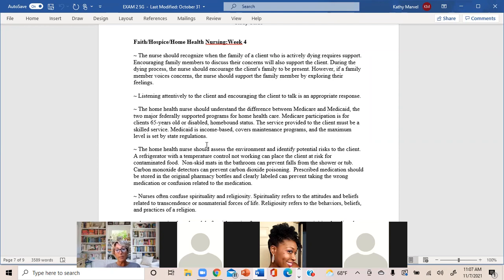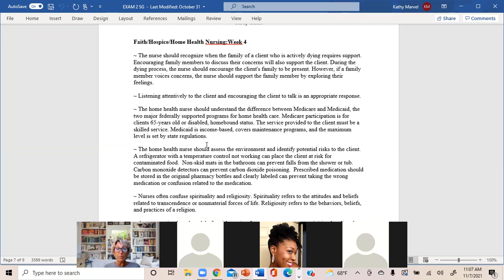You may have very distant family members that don't want to be engaged, right? During the dying process, the nurse should encourage the client's family to be present. However, if a family member voices concerns, the nurse should be able to support that family member in trying to work with them. So that's from hospice nursing.